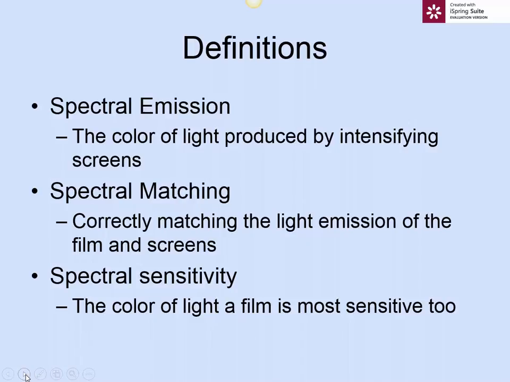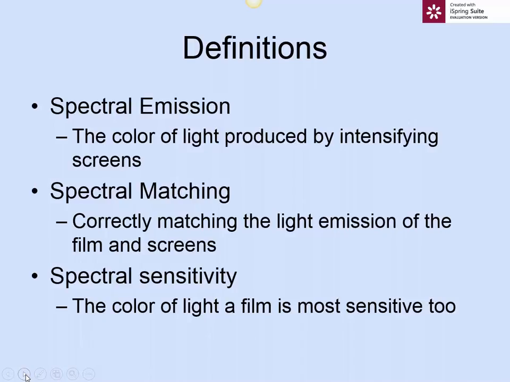So, for example, if you had intensifying screens giving off a blue emission, and you had green sensitive film, you could reasonably anticipate that there was not going to be an awful lot of reaction, and the image you were going to get is obviously going to be poor imaging, with poor exposure and the like.